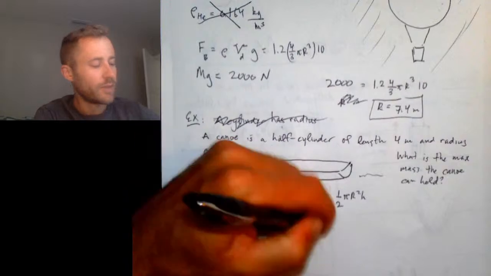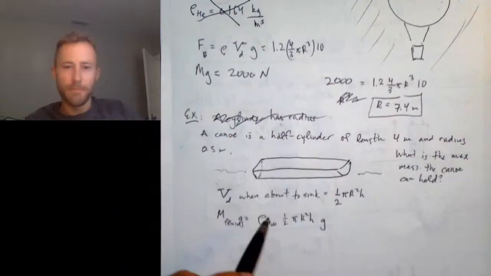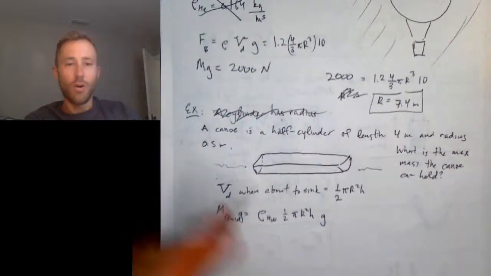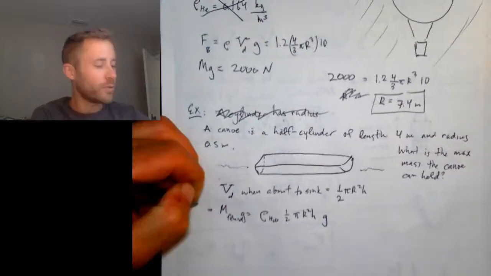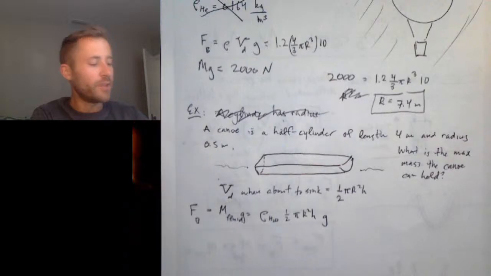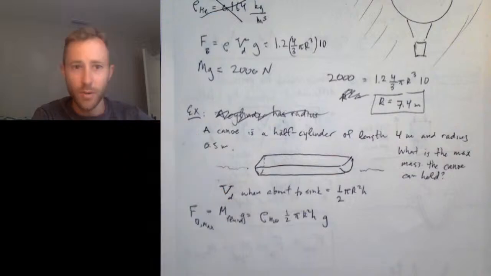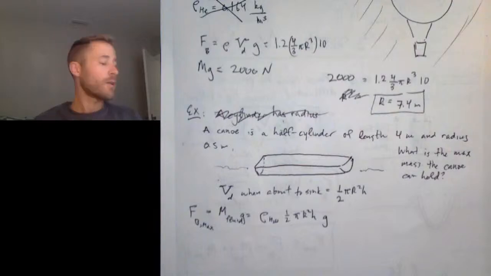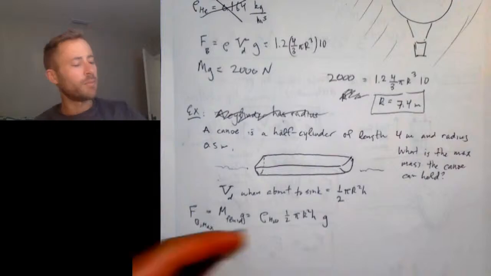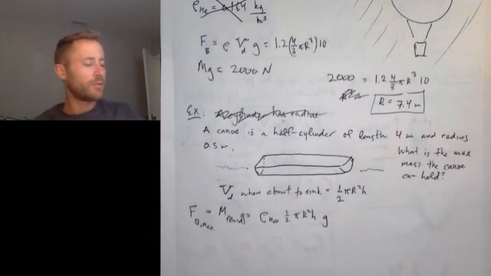This is going to be the weight of all the fluid that is displaced, which is equal to the buoyant force. So the maximum buoyant force is this. This is the maximum buoyant force when it's just about to sink. That's when the buoyant force is the biggest. If it goes any further than that, then all the water is going to rush into the sides of the canoe, and the buoyant force is going to then be reduced greatly.